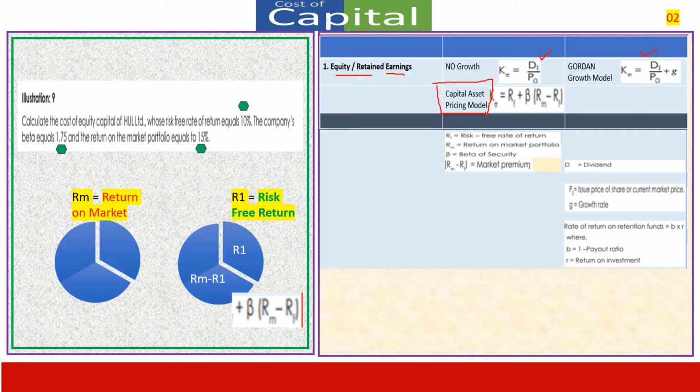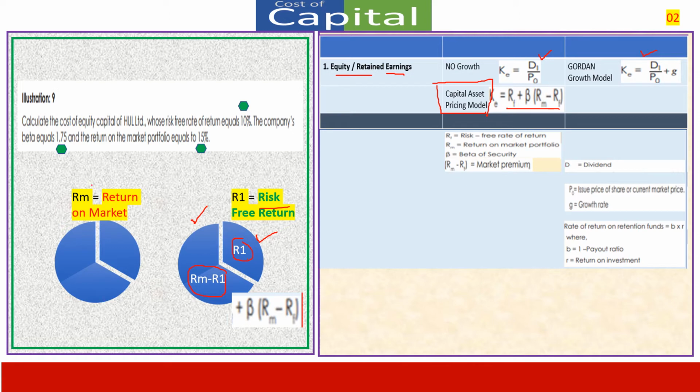The basic foundation of this model is that return in a market comprises of two parts. One, risk-free return, which we call R1, and the second one is the market return, which excludes the risk-free return.